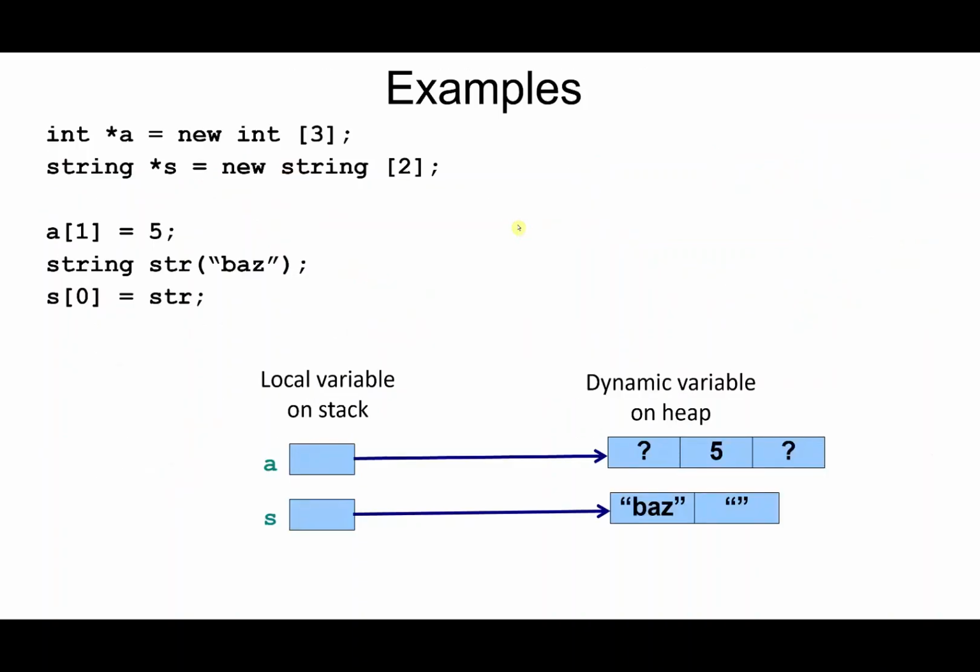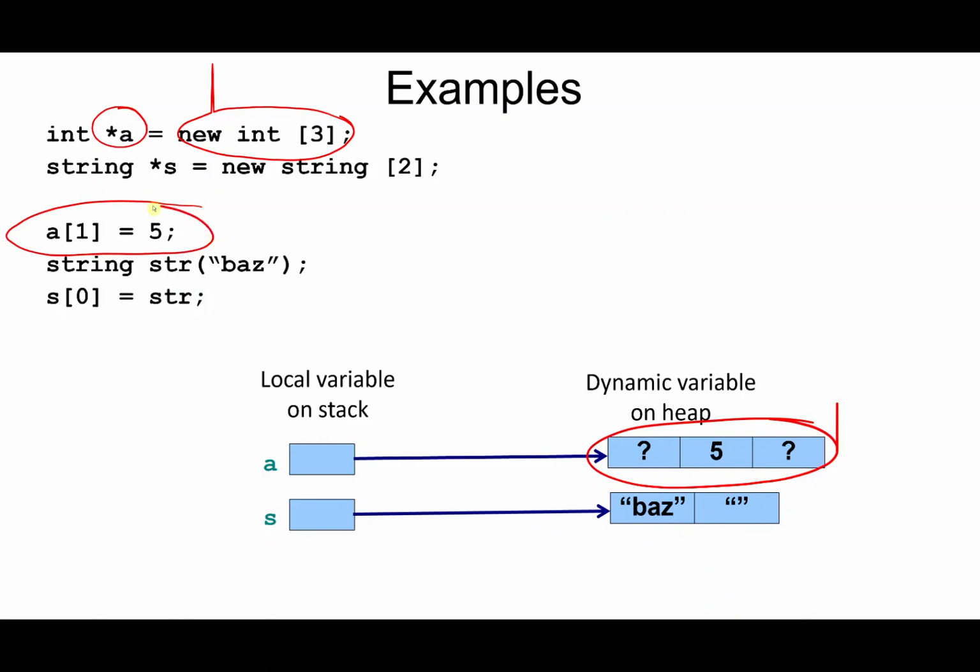Okay, here's how we ask for an array in the heap. So, a pointer a, and we ask for 3 locations in the heap using the new command. So this is going to give me 3 locations. Then we put 5 in a of 1, which is the second element.